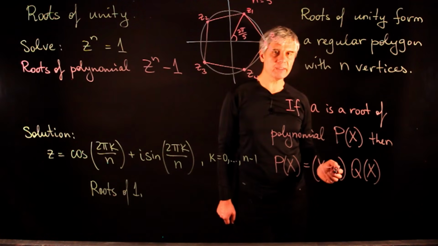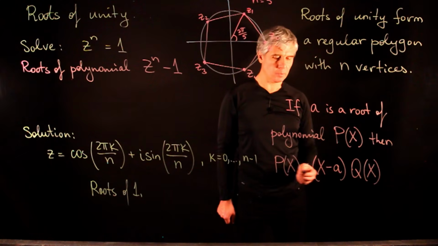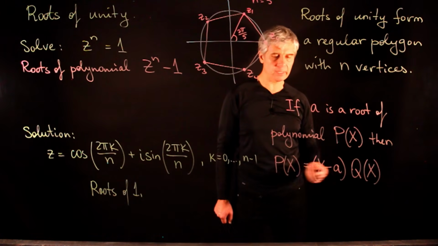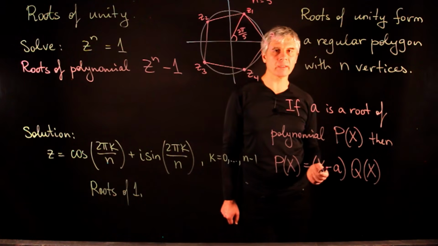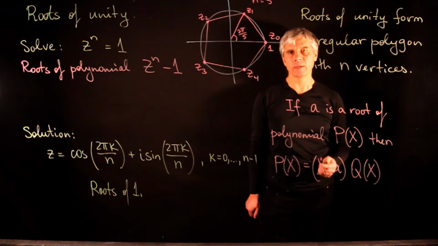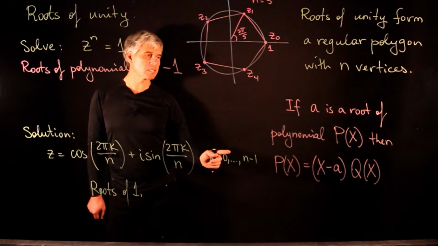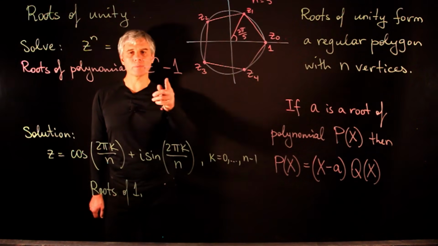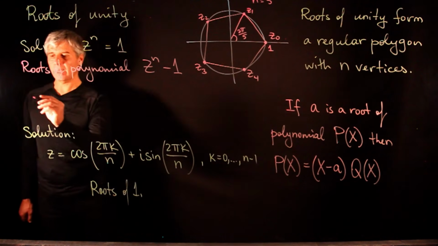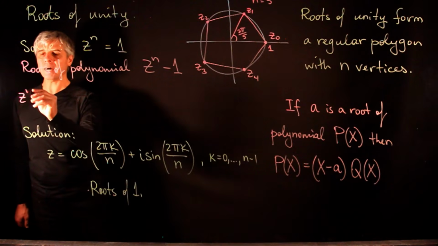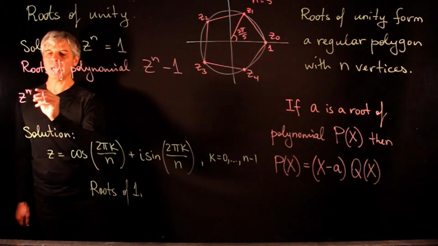You have probably seen this fact in high school math, and we will be discussing polynomials and these properties in detail in the second year honors algebra course. This principle applies not only to real polynomials, but to complex polynomials as well. And this allows us to factor z to the n minus 1.